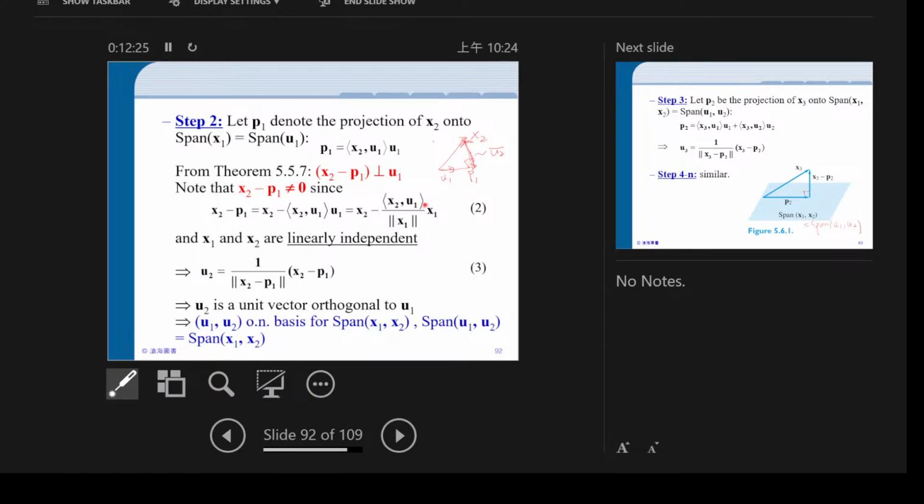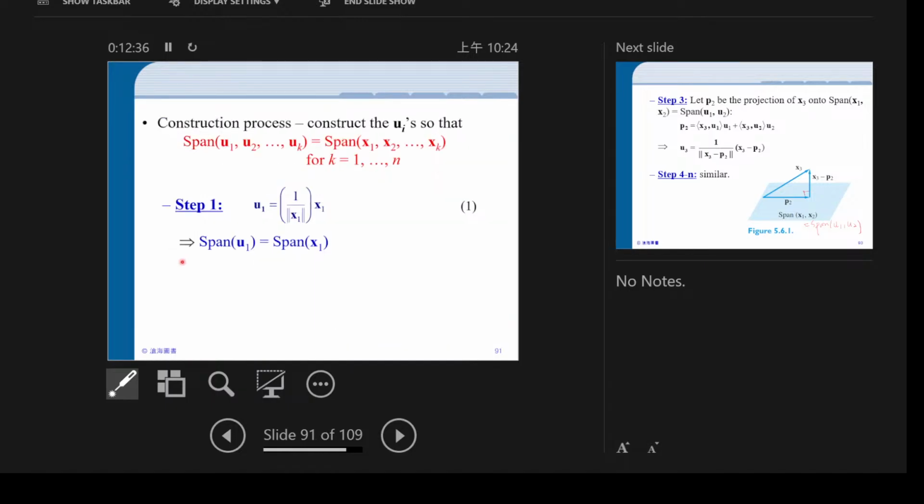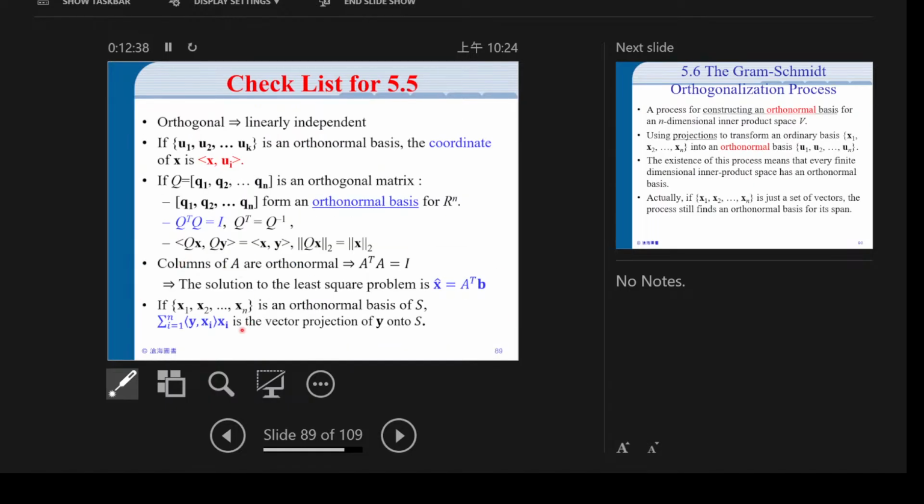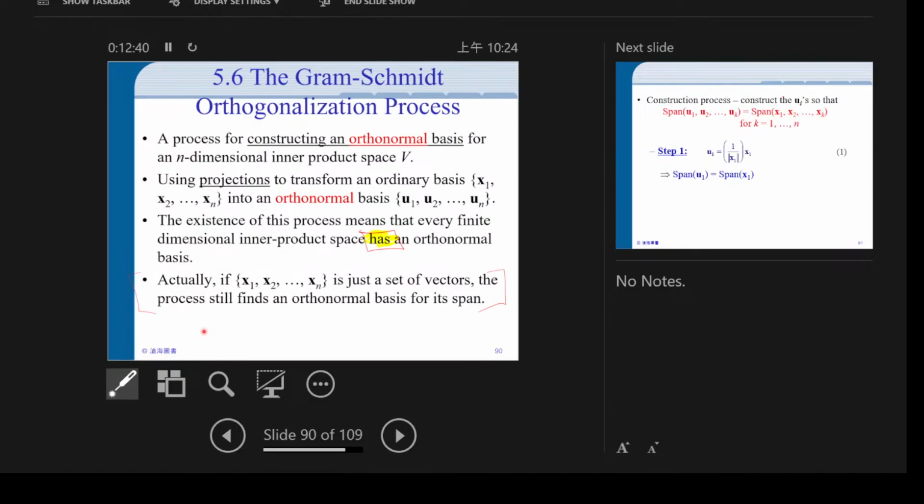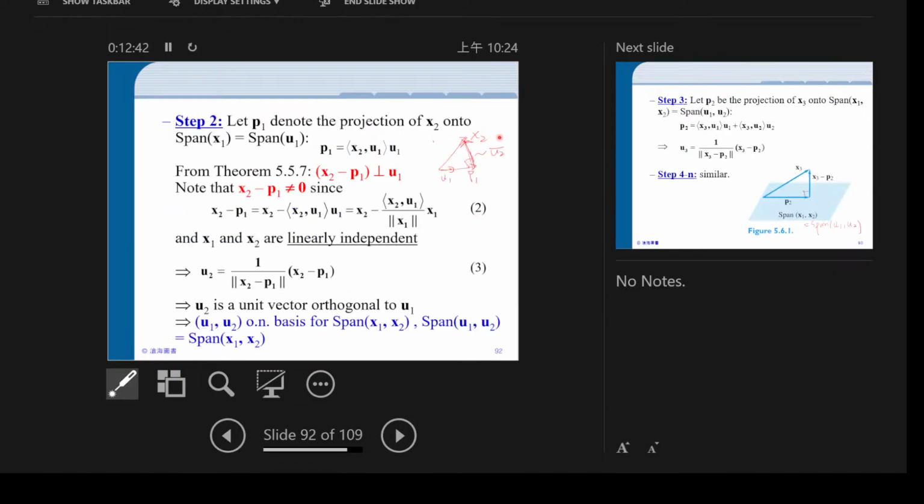And let's see this process actually work out in more algebra. So we define P1, the projection of x2 onto u1, and that's done by this thing we said before. It has a coordinate equal to the inner product of x2 with u1, because u1 is already an orthogonal basis for the span of u1.